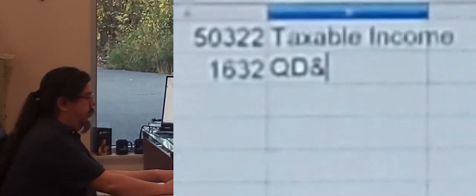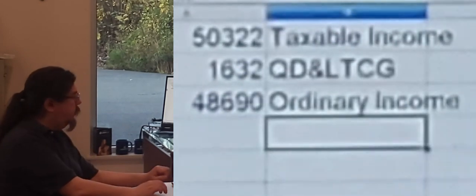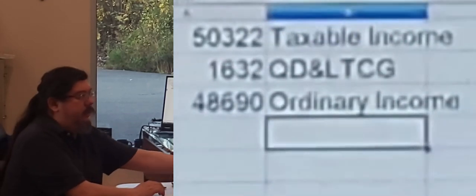1,632 is their qualified dividends and long-term capital gains, which is taxed at a lower rate. If we subtract one from the other, we get their ordinary income, which is taxed at ordinary tax rates, which is why we call it ordinary.